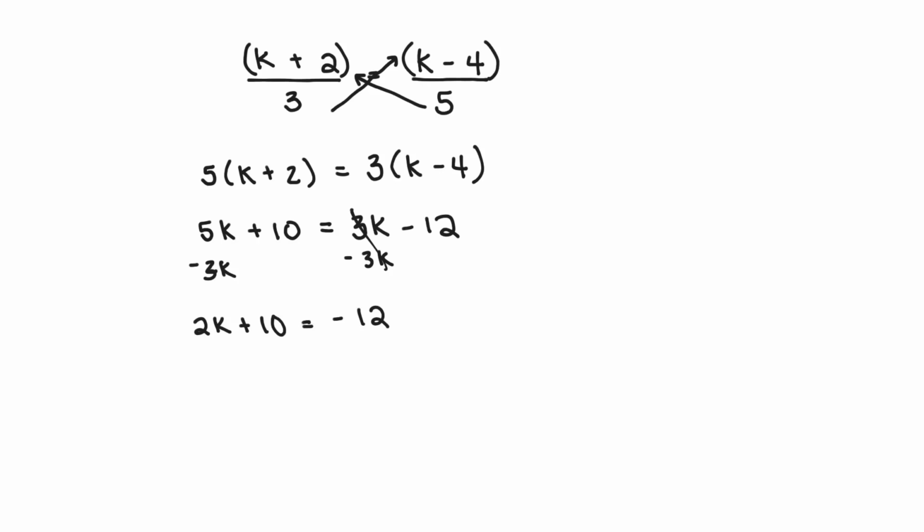So now we need to get rid of the 10, so 2k can be by itself. So plus 10, the opposite operation is minus 10. So 2k equals negative 22. And now we need to divide by 2 on both sides to get k by itself. So k equals negative 11.